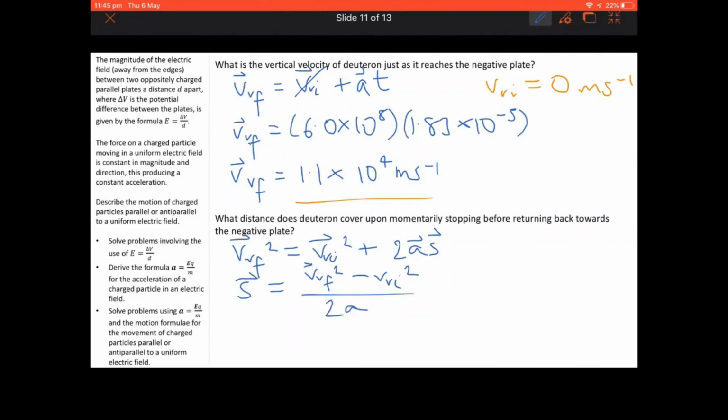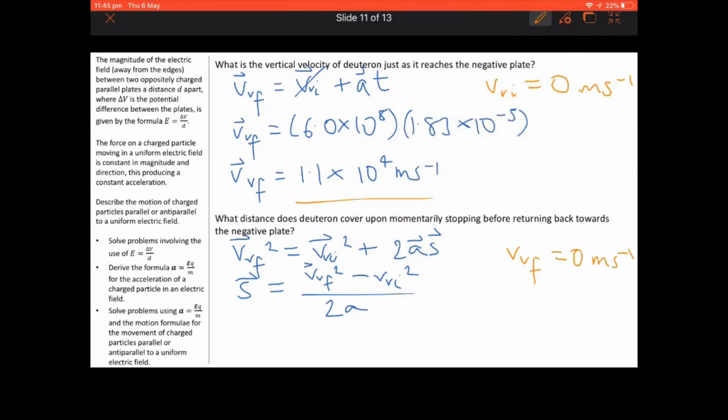In this case, the vertical velocity final will be 0 because we're thinking about from where it starts to when it reaches all the way to that point. So the final velocity in this situation is going to be 0.